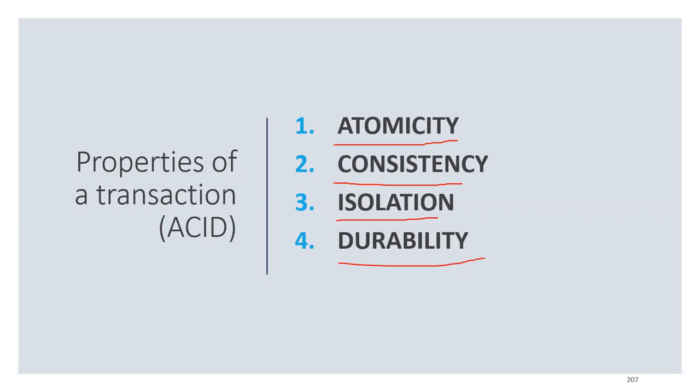These are the properties that a transaction should possess in order to avoid failures during concurrent access to a database. This point is very important. What is the need of transaction properties?